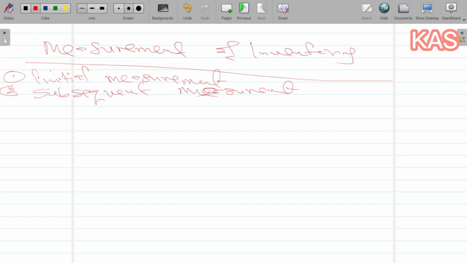So now we are going to look at the initial measurement. What this initial measurement means is that at the beginning of that asset, what are you supposed to consider as your cost of that inventory? What the standard says is that you are going to use cost at the beginning. That is the initial measurement.